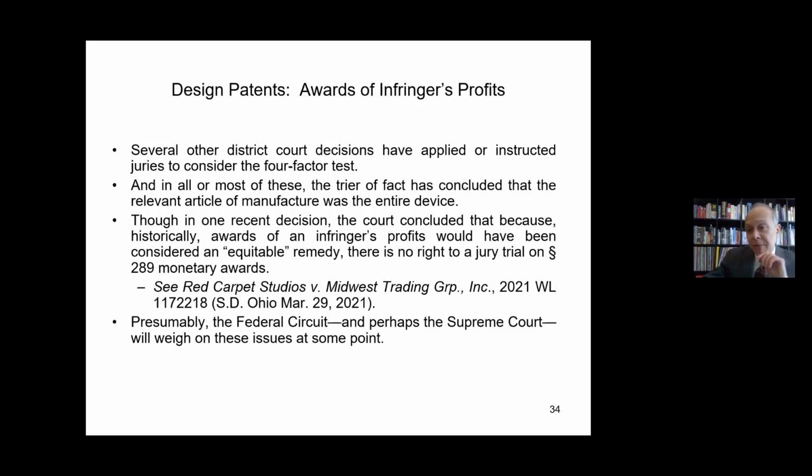And on the 4 factors, the Panduit factors, specifically the absence of non-infringing alternatives, I would say that the case law is a little bit confusing, but the more recent Federal Circuit opinions seem to be fairly clear in stating that the patent owner has the burden of proving an absence of non-infringing alternatives.